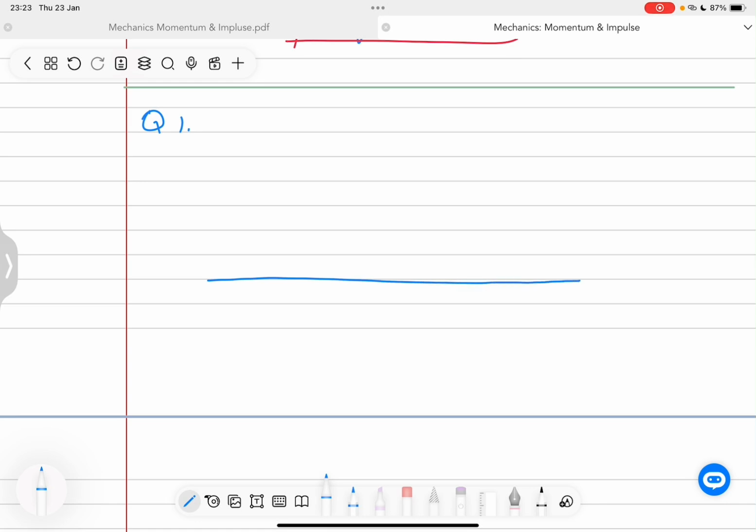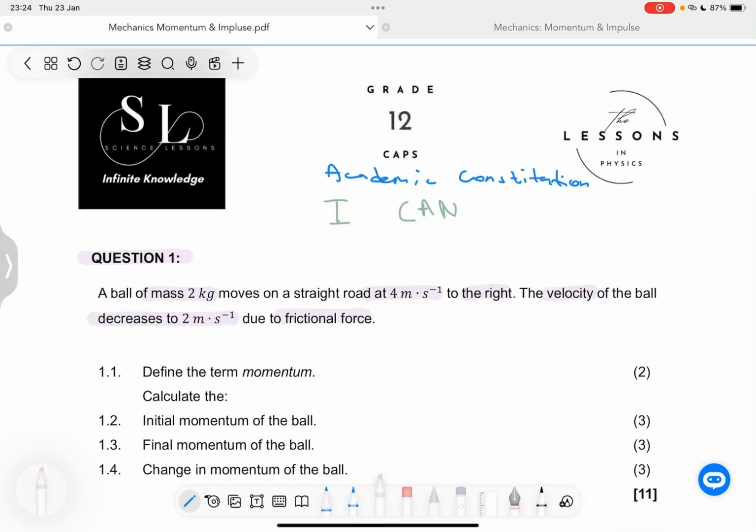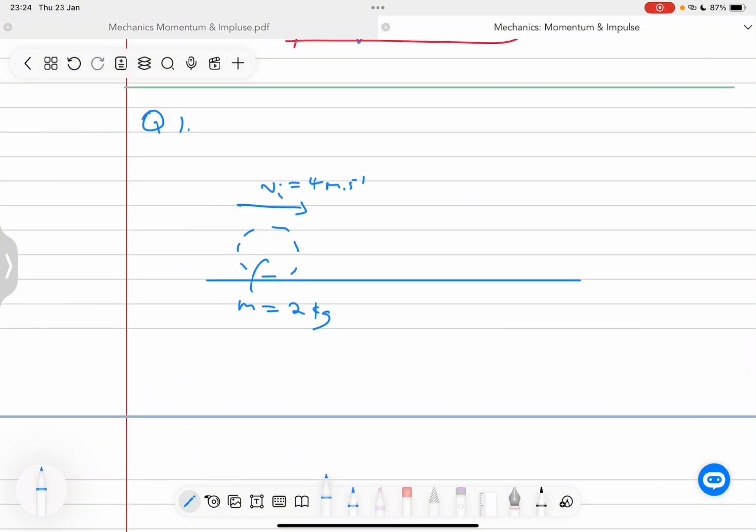It is clear to me that we have a straight road that has a ball with a mass m equals 2 kg, and it starts moving with an initial velocity of 4 meters per second, and it is going to the right.